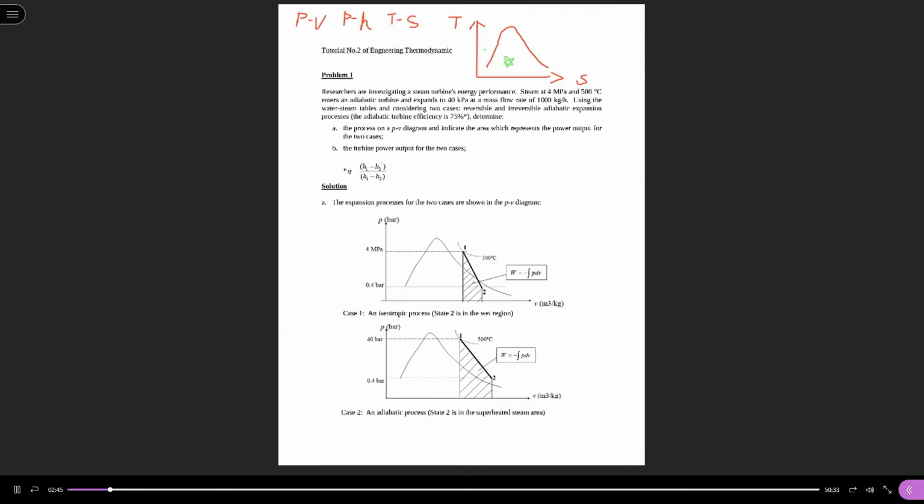These two points are very special because they are the states of saturated liquid and saturated vapor. And what about here? It's superheated.